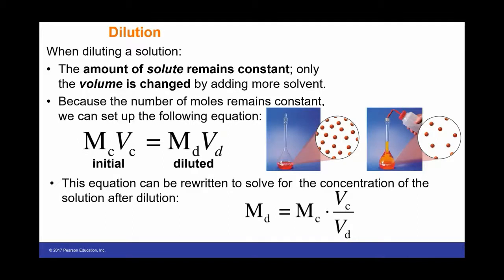What is a dilution calculation? Well, since the amount of solute remains constant, only the volume is changed by adding more solvent. So the number of moles, so remember molarity is equal to moles per liter, the number of moles never changes when we dilute things.